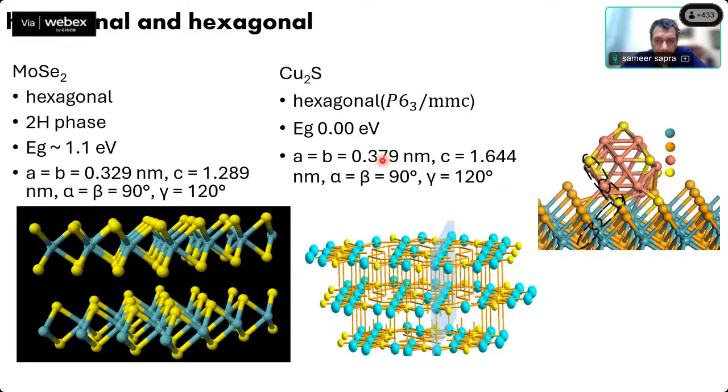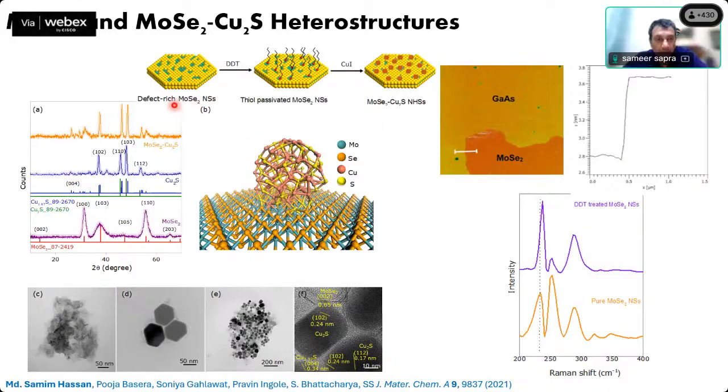I would say, well, some of the people who do epitaxy would say it's high, but for colloidal synthesis, it's not very high. It's doable. So what he does is he makes the defect-rich molybdenum selenide and then puts in dodecanethiol.